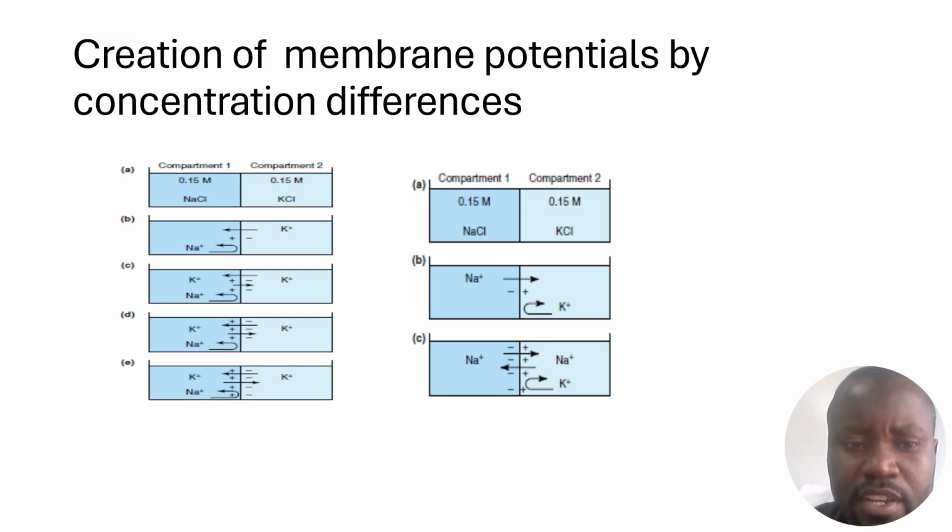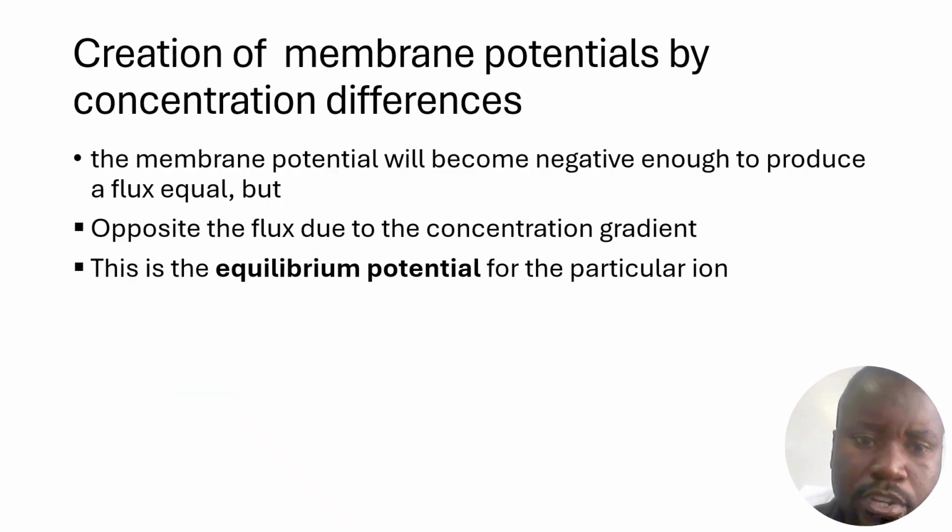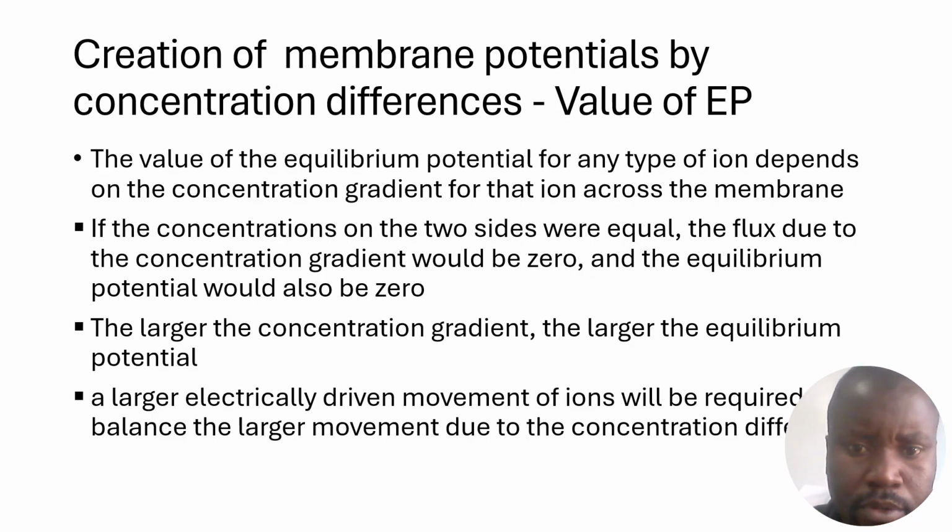But eventually this will be opposed as potassium begins to move back into compartment 2 as a result of the attractive forces to the chloride ions. This is the illustration of the creation of membrane potentials as a result of concentration differences.